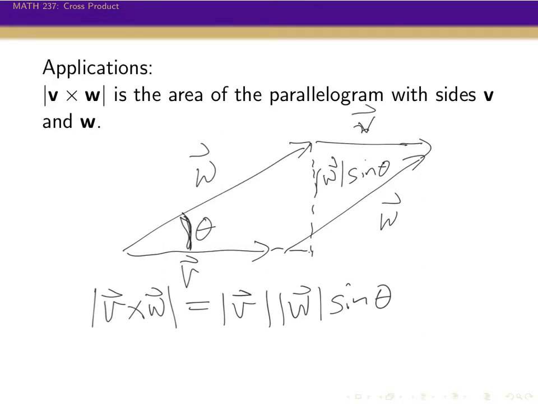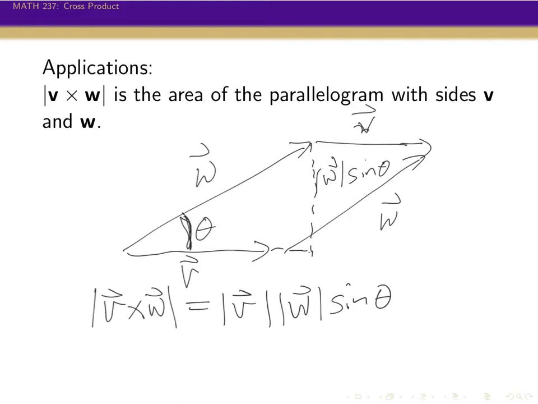And what's interesting about this, so remember the dot product is related to the cosine of the angle. And so remember, since it's related to the cosine, it's the biggest when the angle is small. Sine's the opposite. Sine's the biggest when the angles are perpendicular. Right? So to get the cross product as big as possible, you want the sides to be perpendicular.